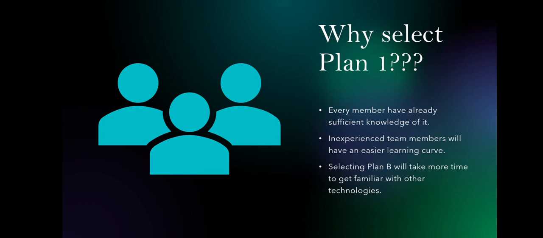So we selected Plan 1 because it also had an easier learning curve, and selecting Plan 2 would have taken us a lot more time to get familiar with other technologies, as we had inexperienced team members for Plan 2. So we selected Plan 1 because we already had a very short amount of time.